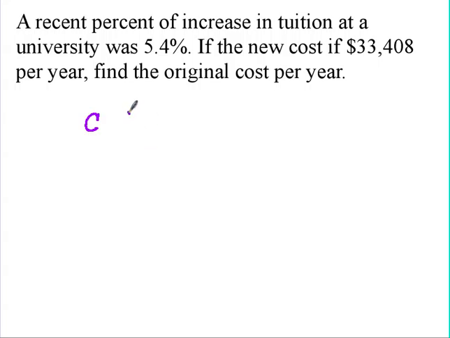Then what I do is I add a percent of increase. And that percent of increase is 5.4% of the cost. And that will equal my new amount, which is $33,408.